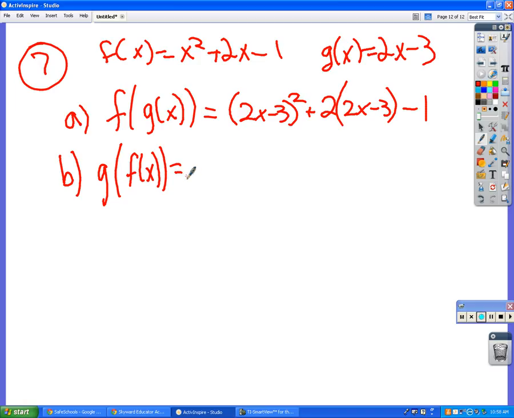So now I'm taking the g function and rewriting it. And same thing, every time I see an x, I'm going to plug in what f is instead. So that is 2 times x squared plus 2x minus 1 minus 3. And then you can simplify that also. Okay? All right, and then c, I don't think I've ever done this before, g of g of g. Pretty awesome.